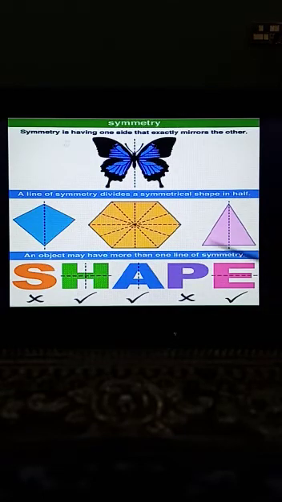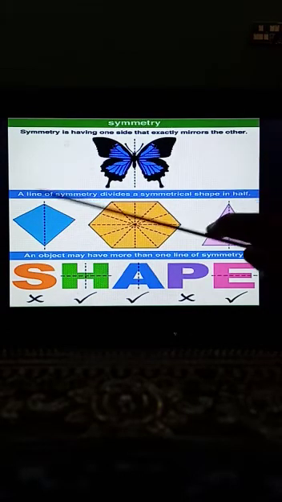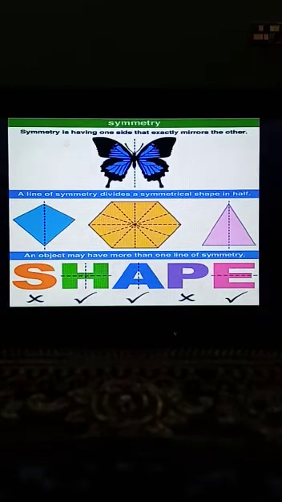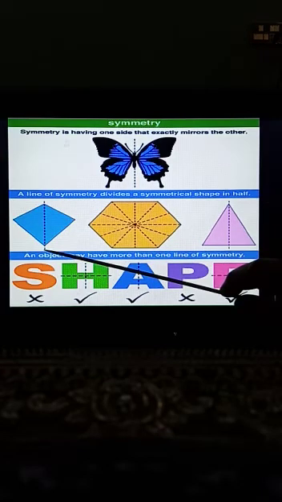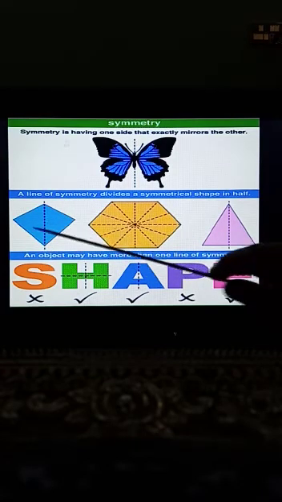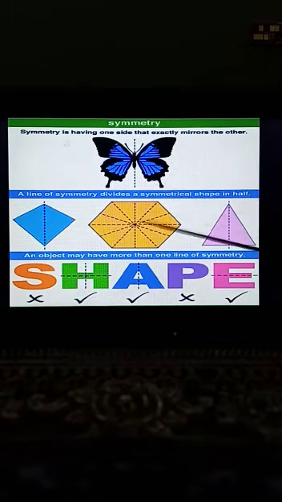Then when we come to these figures, the line of symmetry divides a symmetrical shape into halves. The line of symmetry is always drawn in the middle of the object, so it is divided into halves. When we put a line of symmetry in the half of this shape, these two parts are symmetrical to each other.